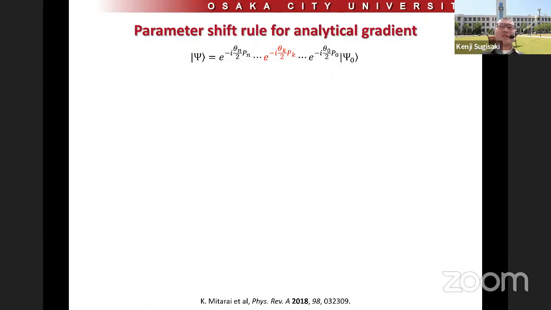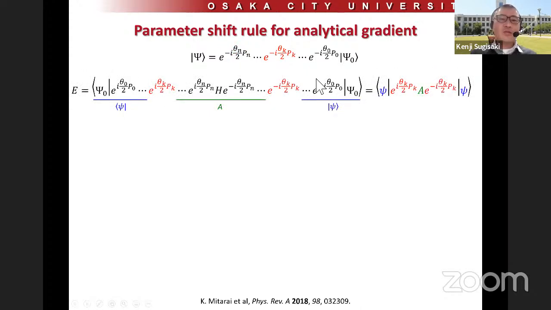But in VQE, we can calculate the analytical gradient of the parameter if the parameter appears in single Pauli strings. Let us think about the ansatz consisting of this kind of exponential Pauli operators. So the energy can be calculated as shown here.